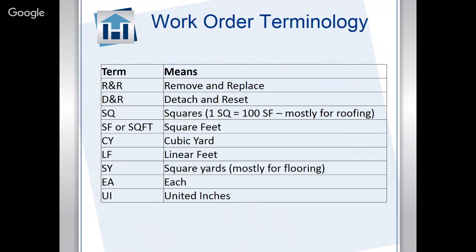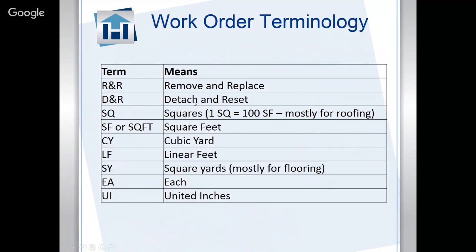Actually take the old damaged carpet, maybe sometimes it's wet or just has holes in it, remove that carpet and then replace it. Sometimes we're asked just to replace it because there's nothing on the floor currently. But where you see R&R, what that means is to remove and replace whatever that is.